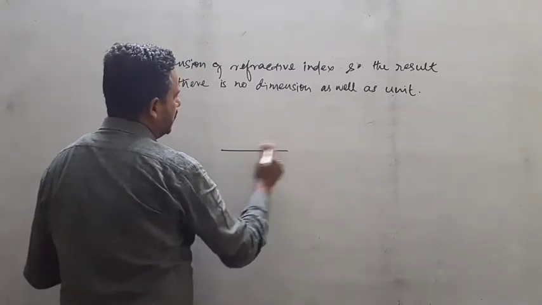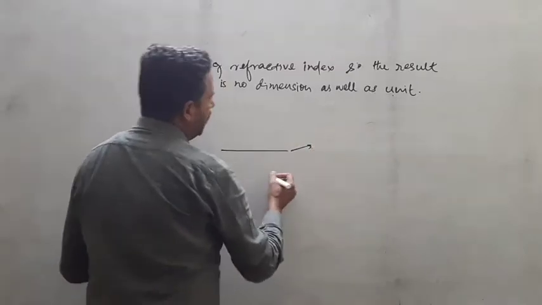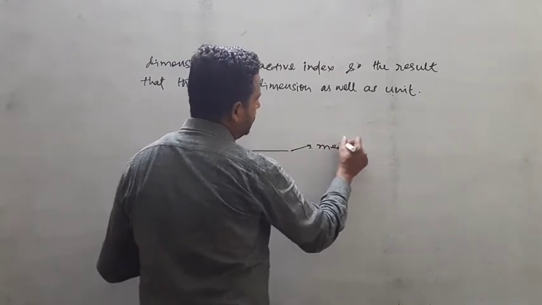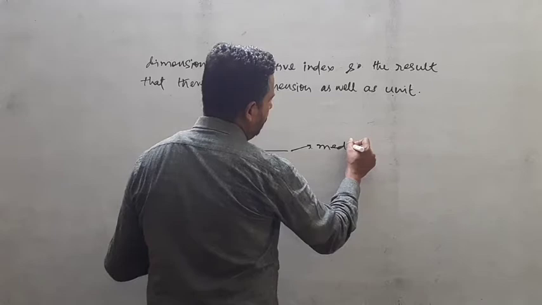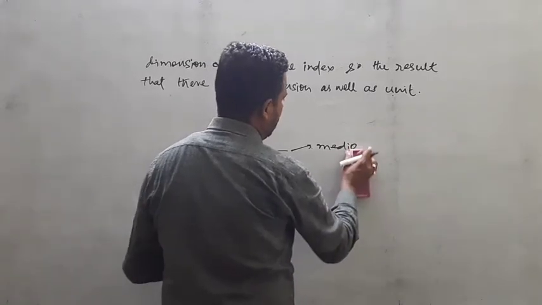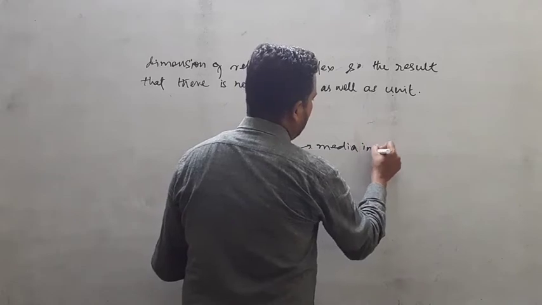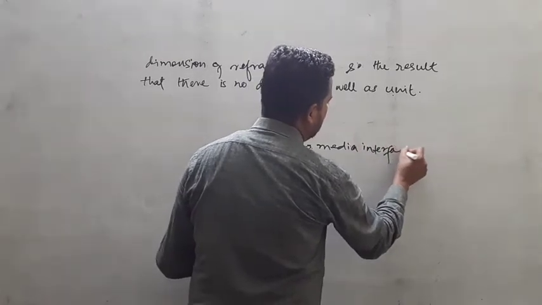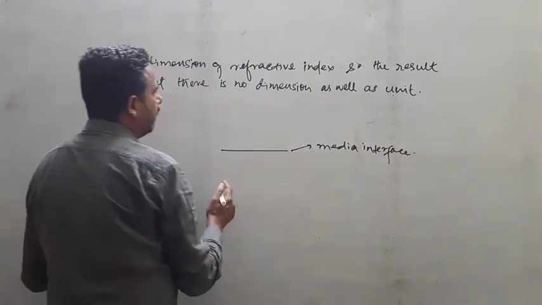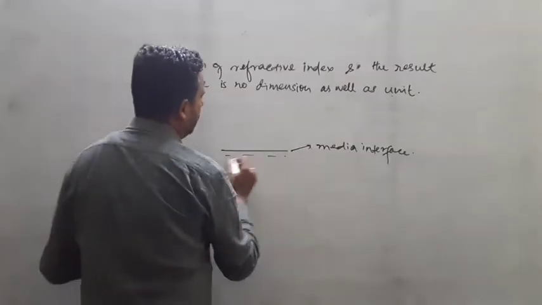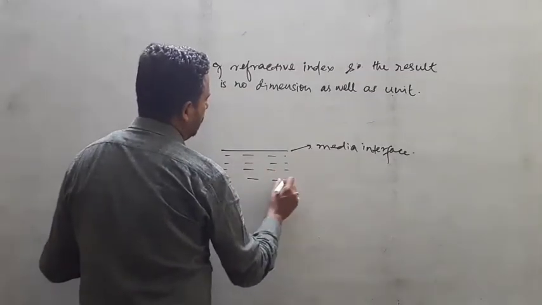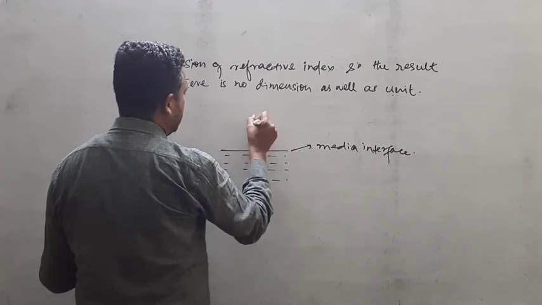Suppose there is a media interface, this line, and this is the normal.